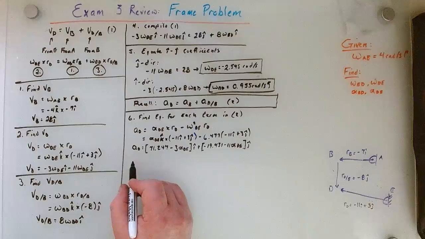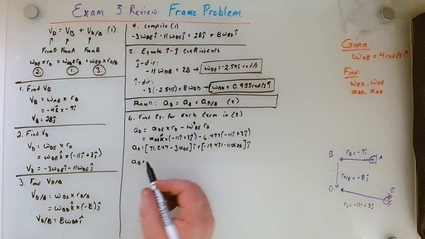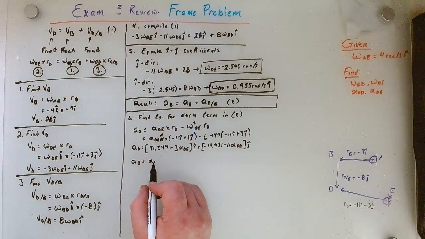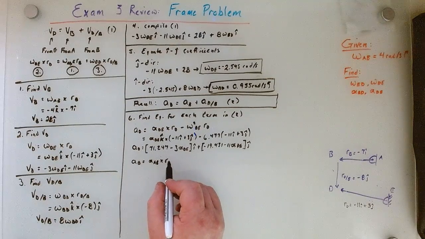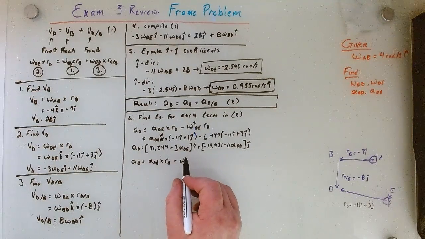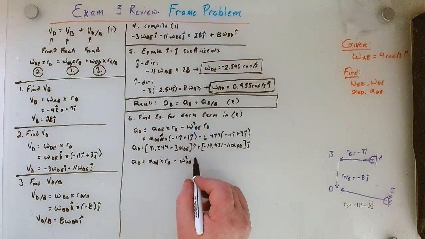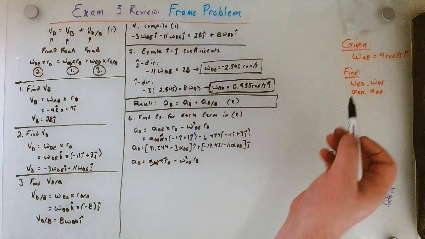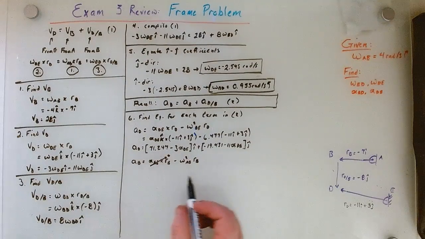Okay, so then A sub B is equal to, same thing, right? Alpha, in this case AB, crossed with RB, minus omega AB squared times RB, and we were given that there's just an omega AB, so that implies no angular acceleration.